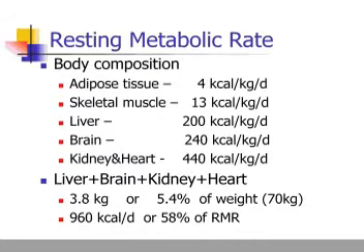Which means that the sum of liver, brain, kidney, and heart, which add up to all of about 3.8 kilos out of a 70 kilo adult male, or 5.5% of their body weight, accounts for almost 60% of your resting metabolic rate.